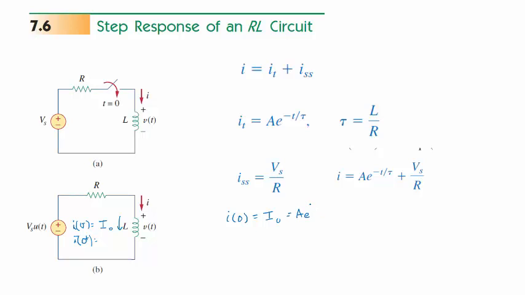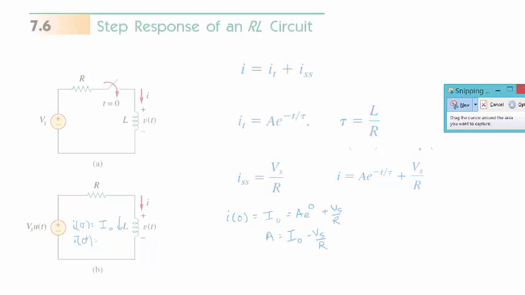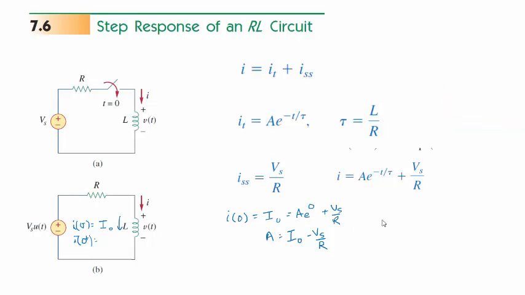So A e to the 0 plus V source over R. And so from there we can find out that A equals I0, the initial current, minus V source over R. So we get our initial conditions there just fine, and we can rewrite that equation, substituting in our known values.